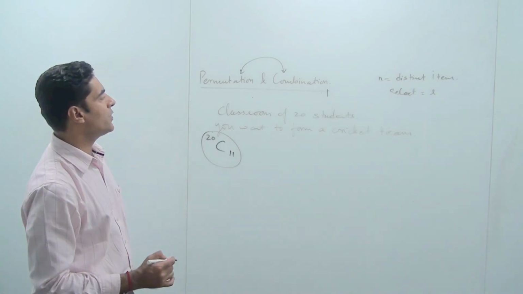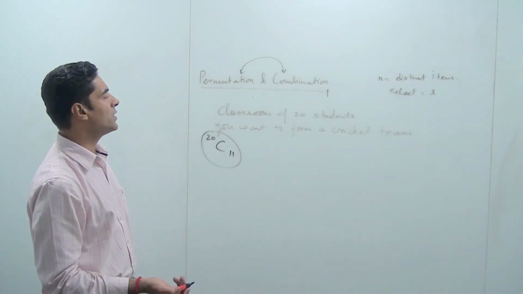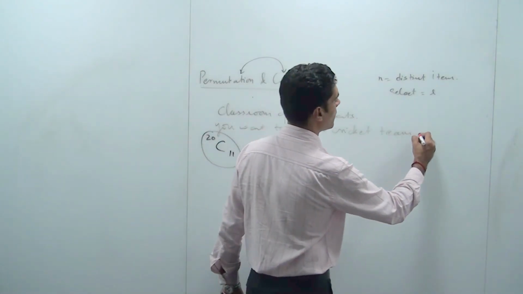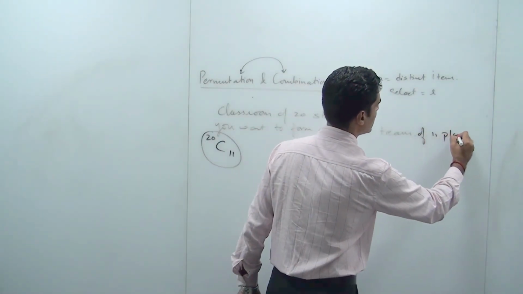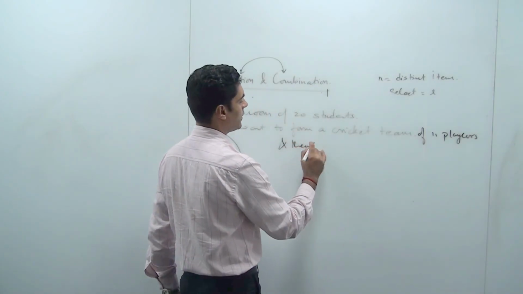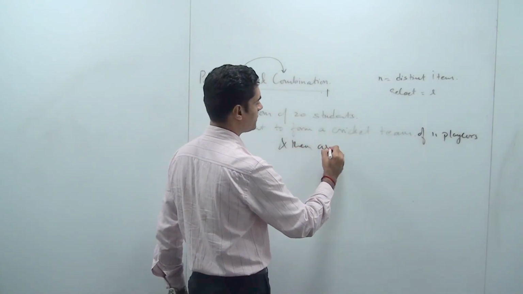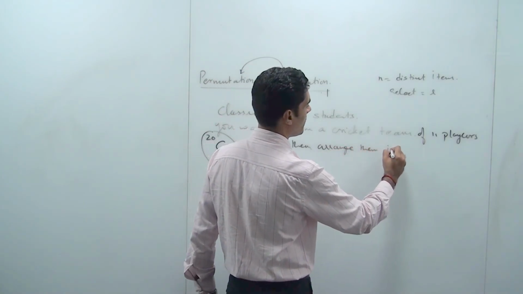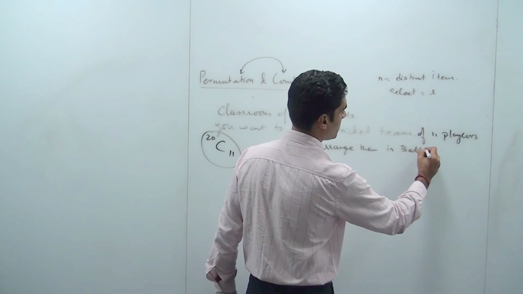But my question could have been: from a classroom of 20 students, you want to form a cricket team of 11 players, and then arrange them in batting order or batting lineup.